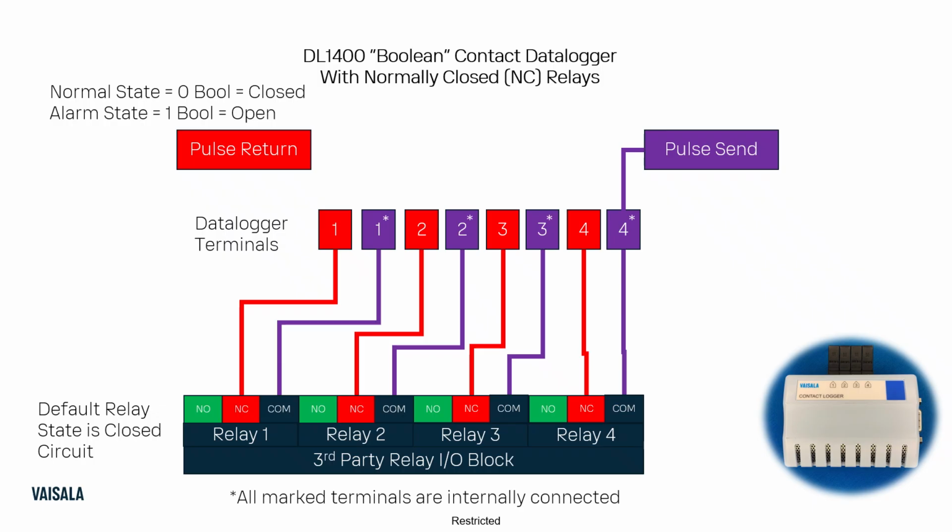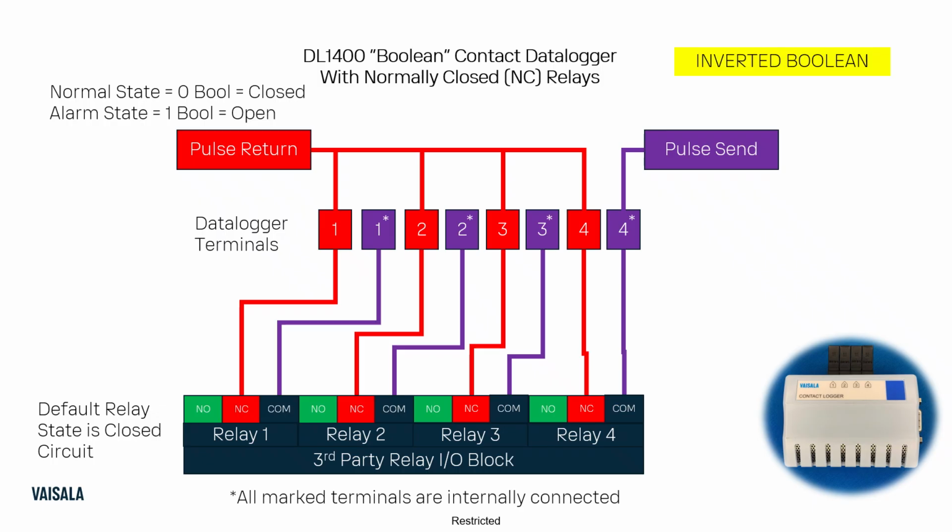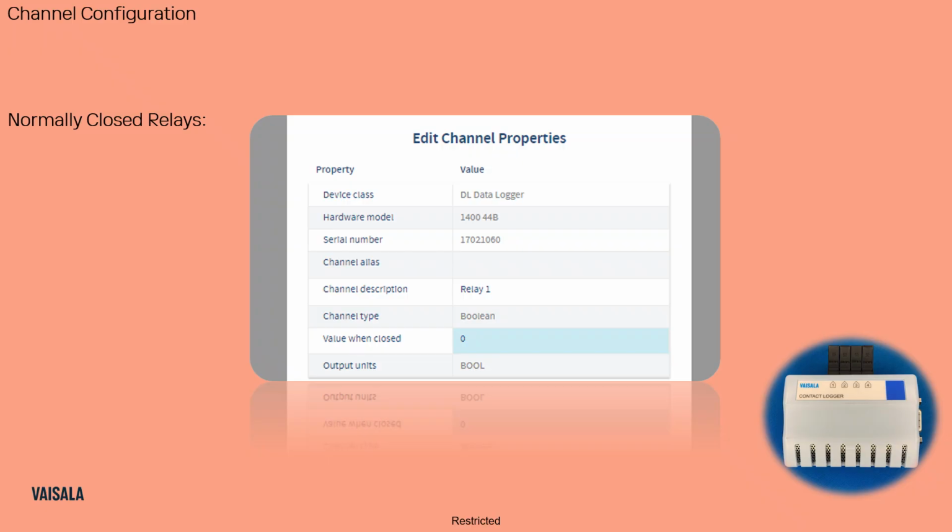So it's just the COM and NC, and with reed switches, they're not polarized at all. So it doesn't matter which side of the lead goes to the input versus the common on the data logger. And the pulse returns, and you get your 0 volts when it's closed, and a Boolean of 1 and 1 volt detected when the circuit is open. And that's an inverted Boolean.